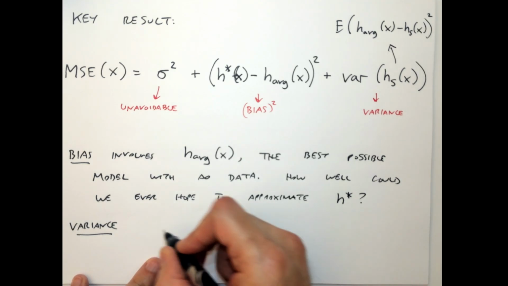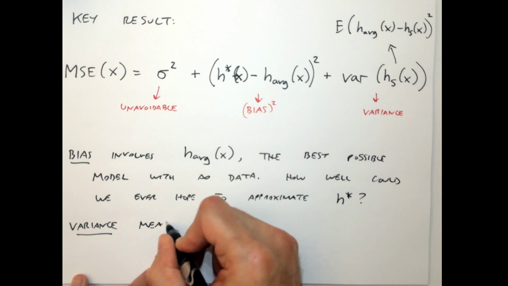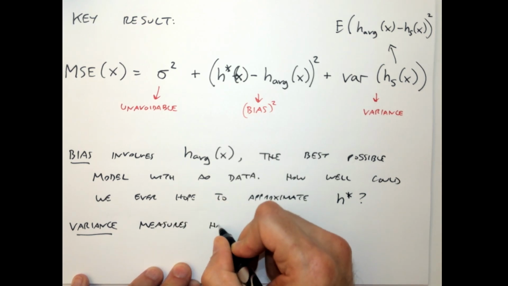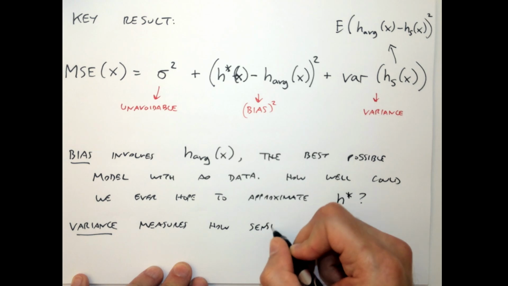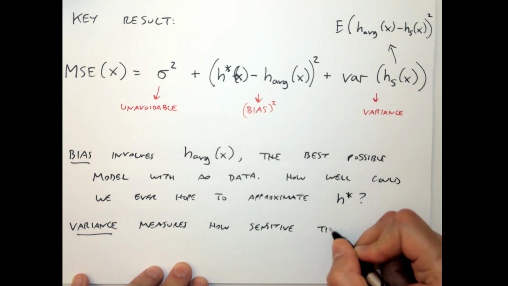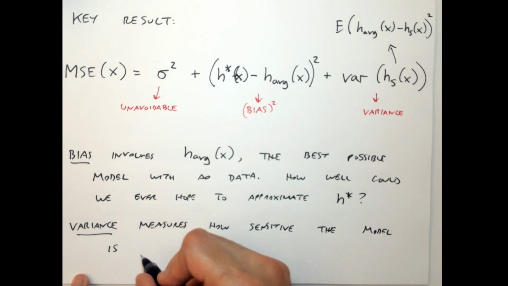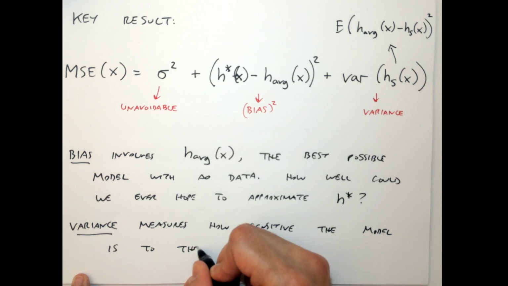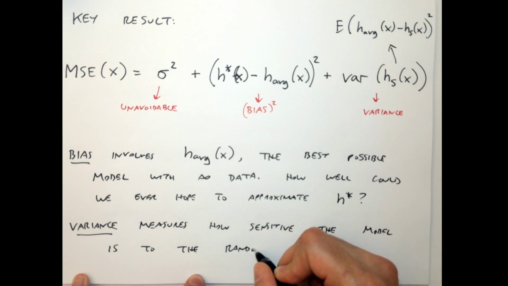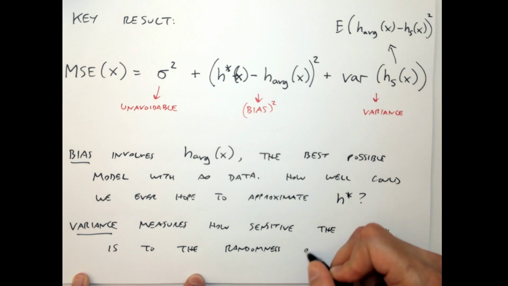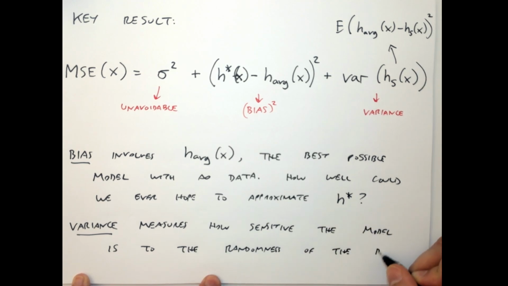So the variance basically measures how sensitive the model is to the randomness of the data set. Usually as the data set gets bigger, the variance will get smaller.